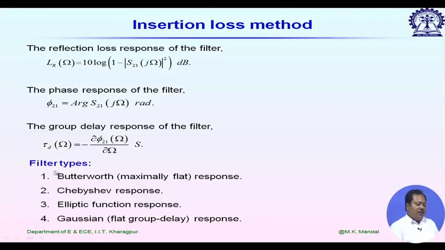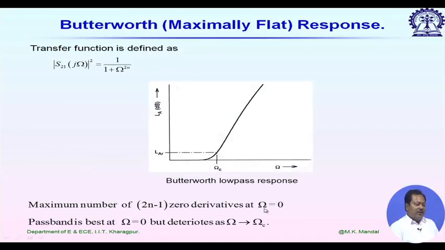The most popular ones are Butterworth or maximally flat response. The second one is Chebyshev response, then elliptic function response, and Gaussian or flat group delay response. Let me discuss one of these.